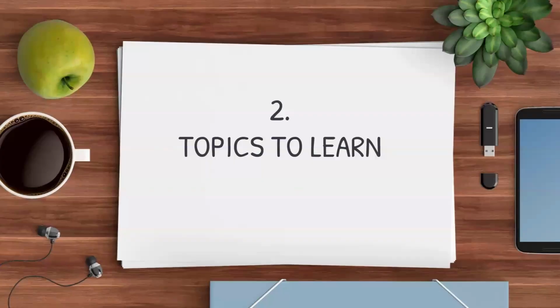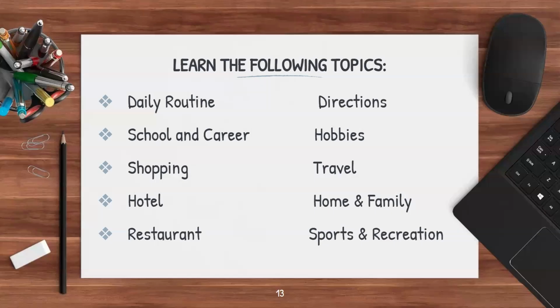Okay, number 2, topics to learn. So here are some topics you need to learn. You're going to want to learn daily routine, school and career, shopping, hotel situations, or vocabulary related to hotel situations, restaurant situations, directions, hobbies, travel, home and family, sports and recreation.